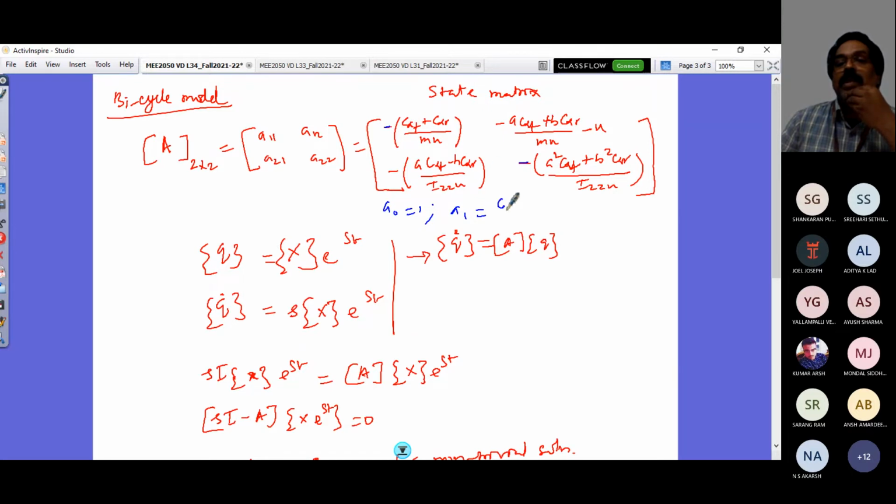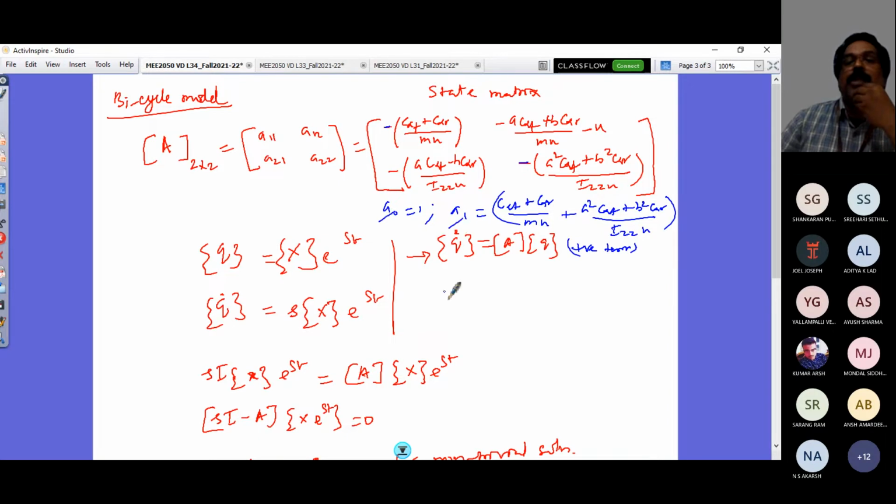So that's going to be (C alpha F plus C alpha R) by mu plus (A squared C alpha F plus B squared C alpha R) by I Z U. So this is positive again. This positive term. So A naught is positive, A1 is positive in my bicycle model.